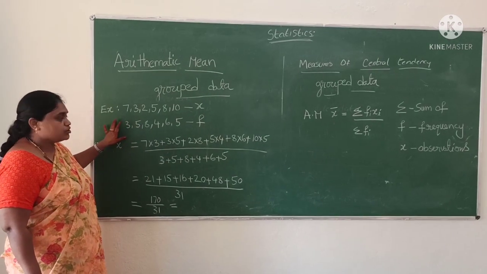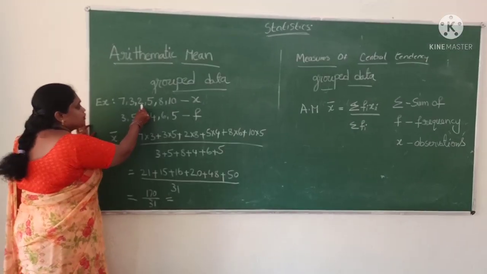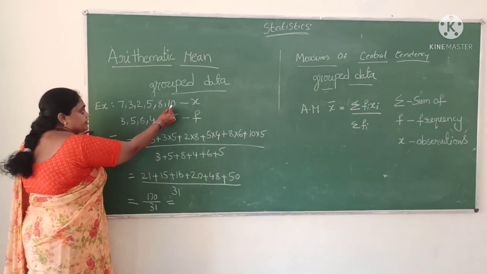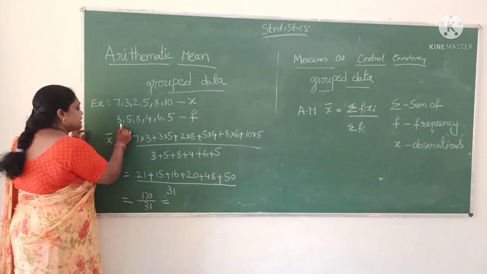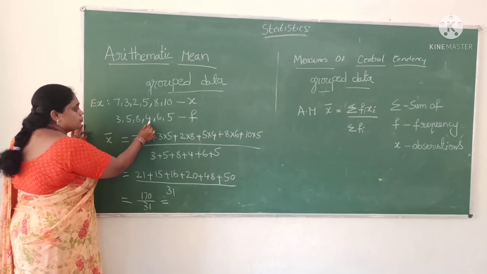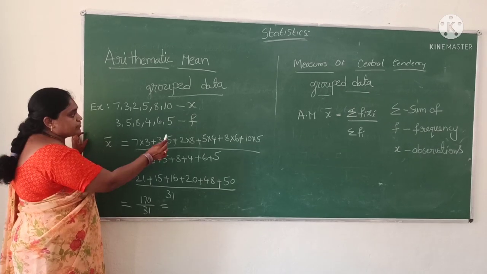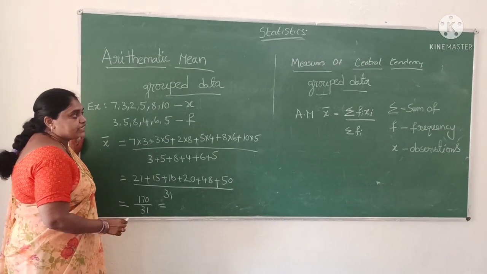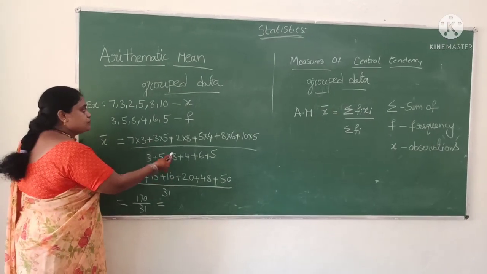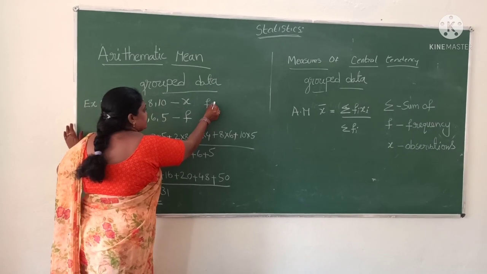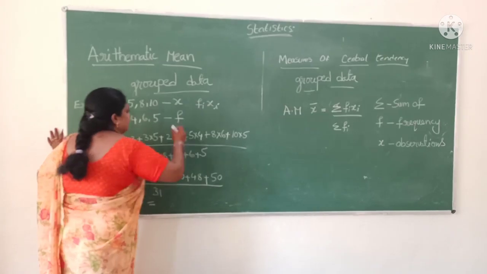These are the observations: 7, 3, 2, 5, 8, 10, and the frequencies are 3, 5, 8, 4, 6, 5. The formula for arithmetic mean is sigma fi xi by sigma fi. So fi xi means the multiplication of frequency into observations.